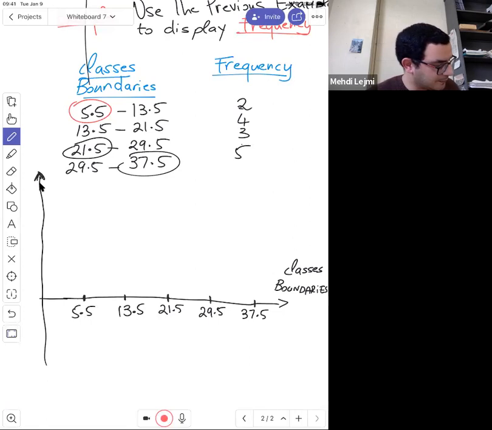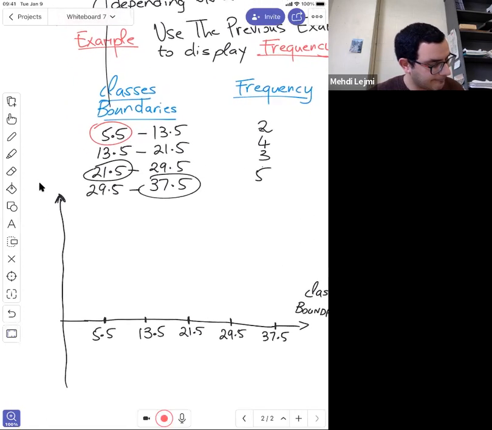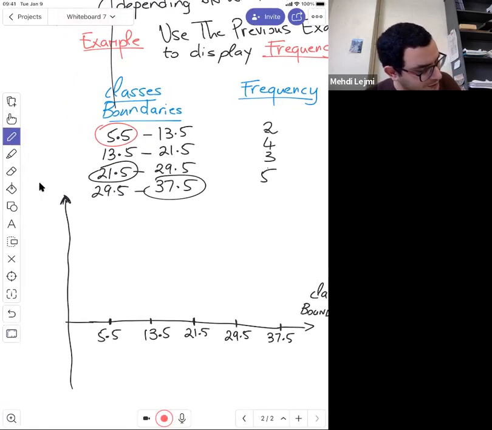At the intersection of your horizontal and vertical axes, this point represents 0.